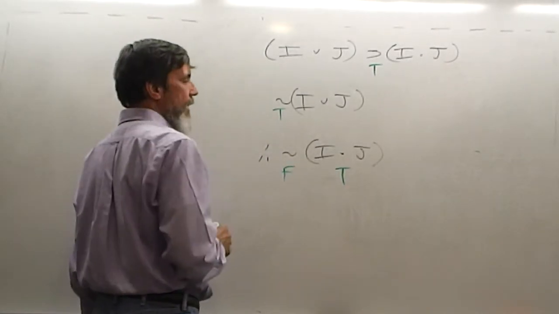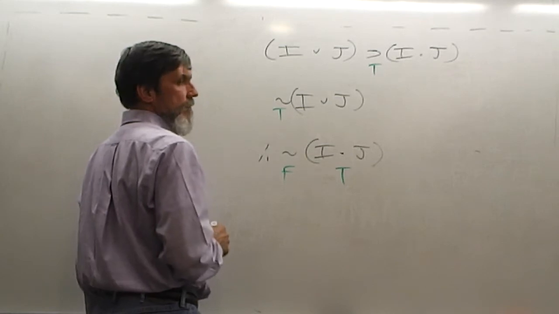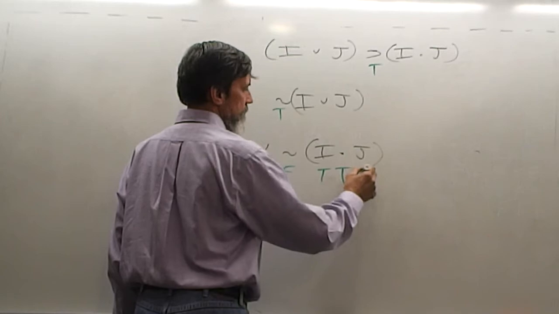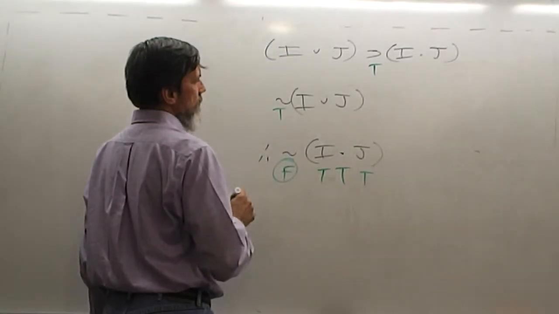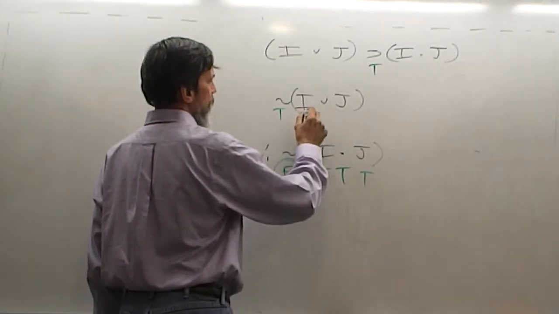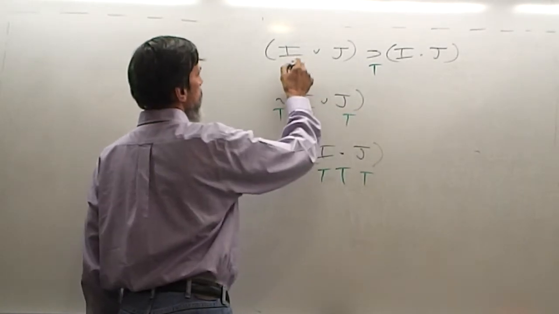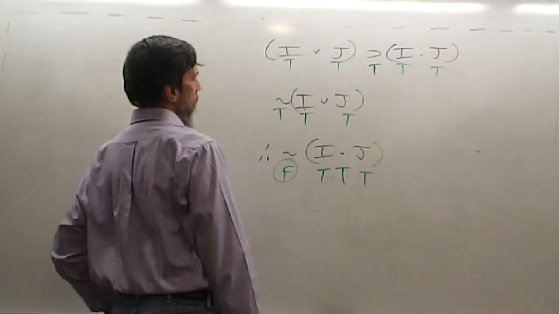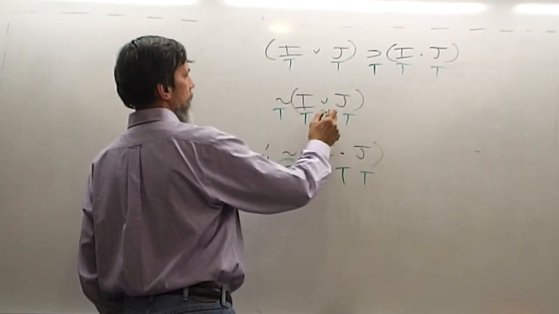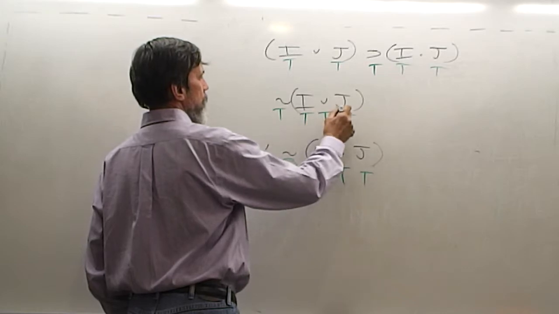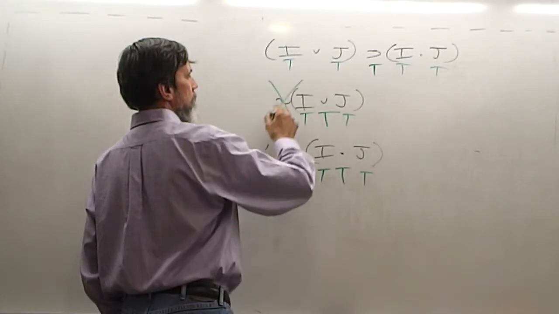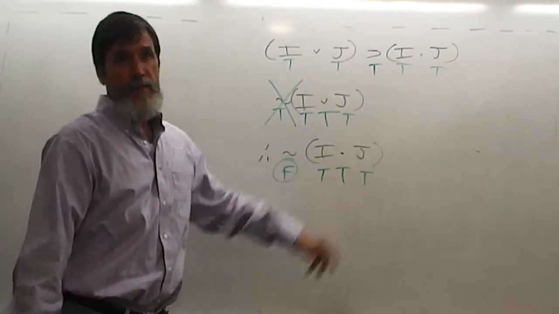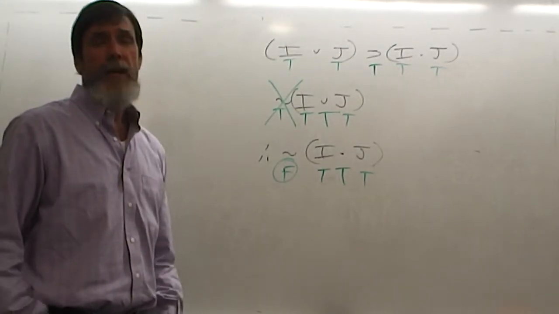I can stay right there and put in the truth values of T for both I and J. Transfer those. Let's see, that's going to be a true wedge. Now, if you had gone up here, you would have found the contradiction in that first premise, right?